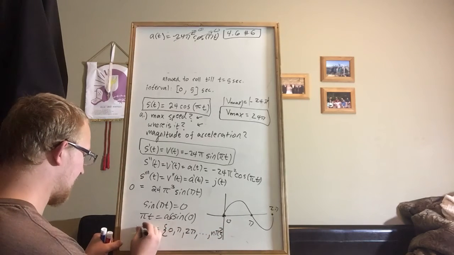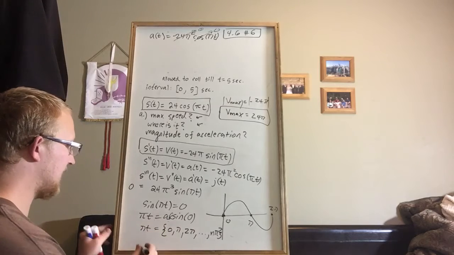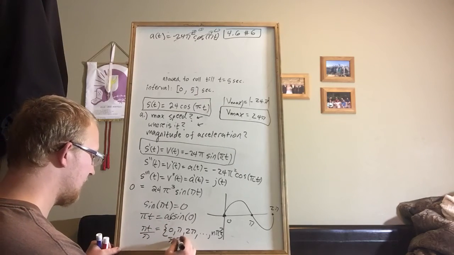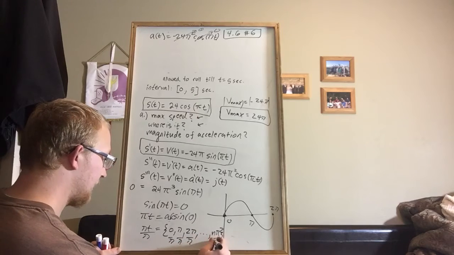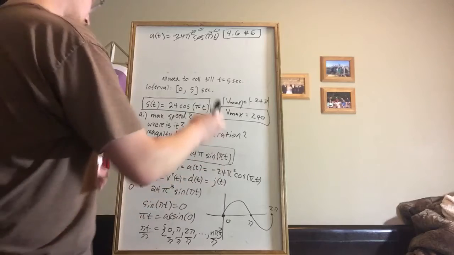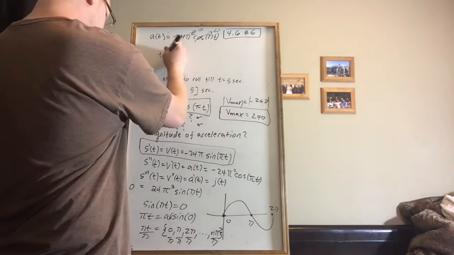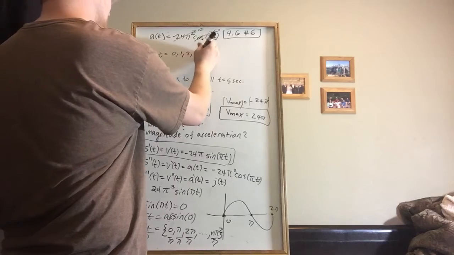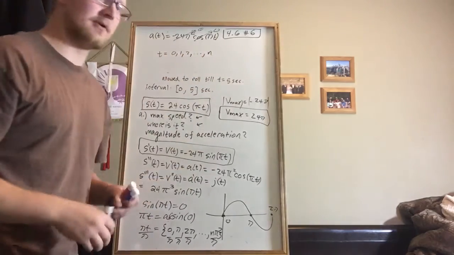And that's equal to pi t. We want to solve for the time at which acceleration is a maximum, so we'll divide everything by pi. And what we will end up with is t is equal to 0, 1, 2, and so on, any integer number.